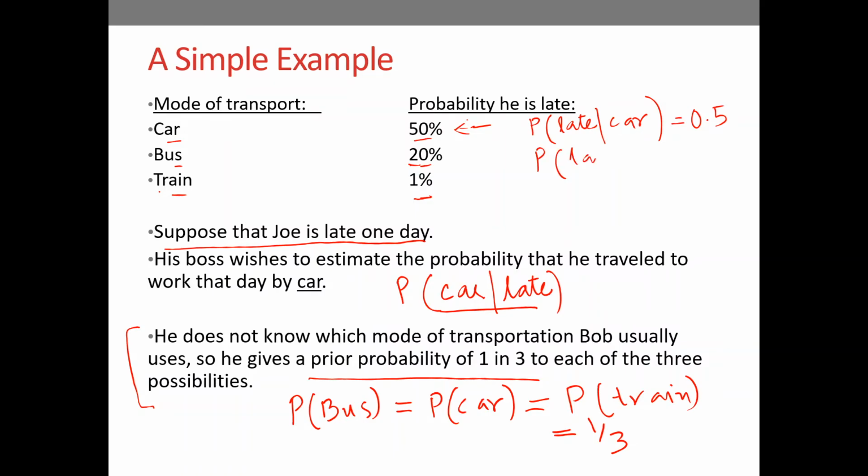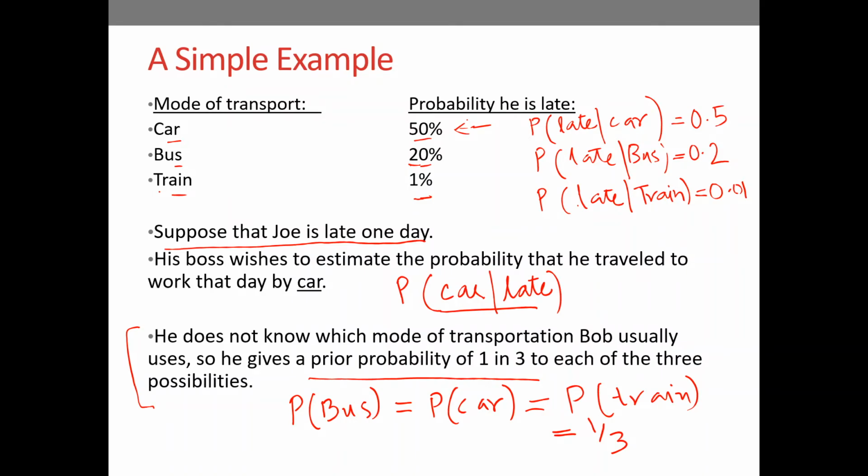The probability that the person is late given that he was traveling by bus, which is 0.2. The probability that the person is late given that he was traveling by train, which is 0.01, right? So this is extremely low.